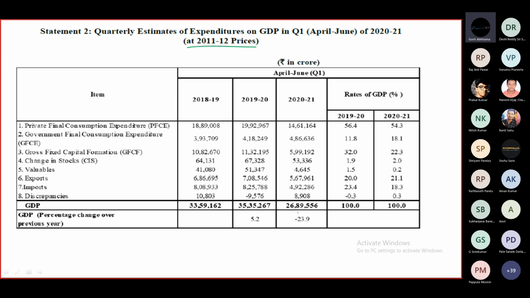Here we observe that GDP is contracting by 23.9%. So these constant prices are known as your real GDP, compared to the current prices, which is known as your nominal GDP.